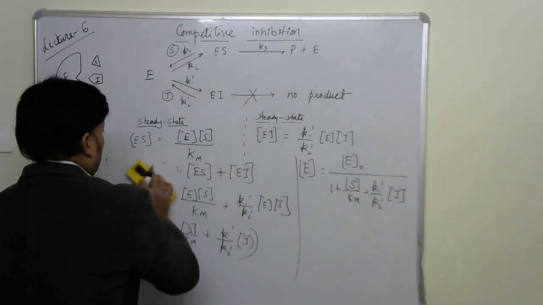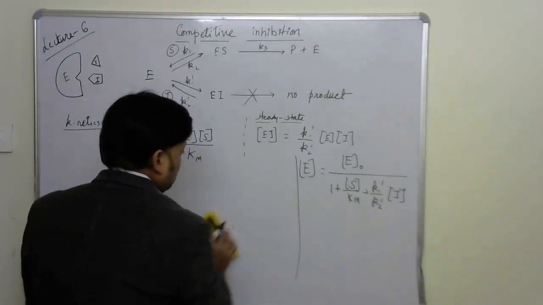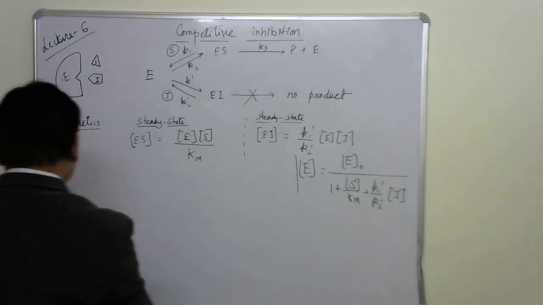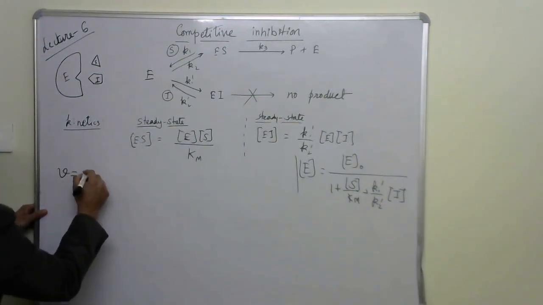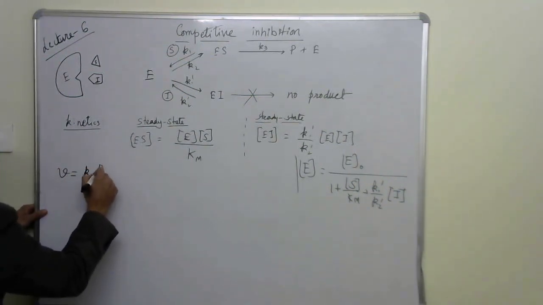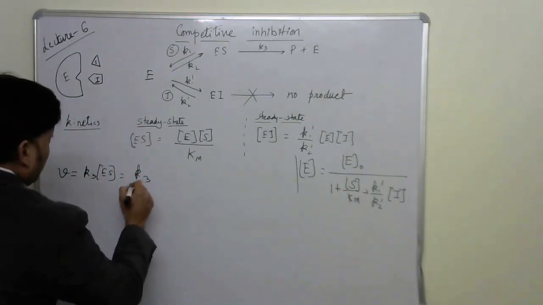So here we are going to write, by replacing ES here, in order to find the velocity, V is equal to K3 multiplied by ES, which is equal to K3.